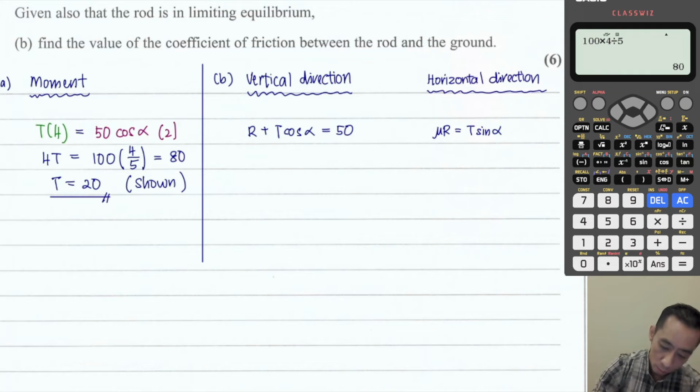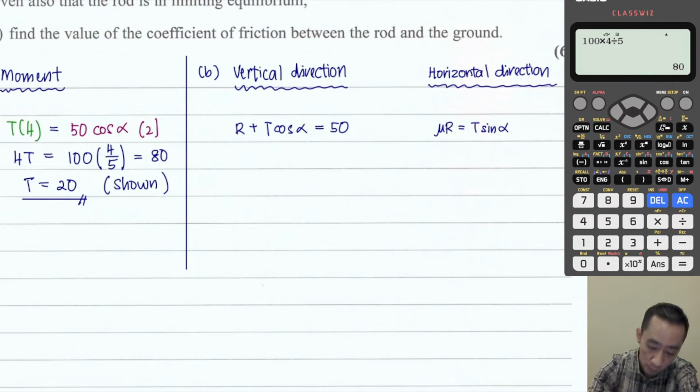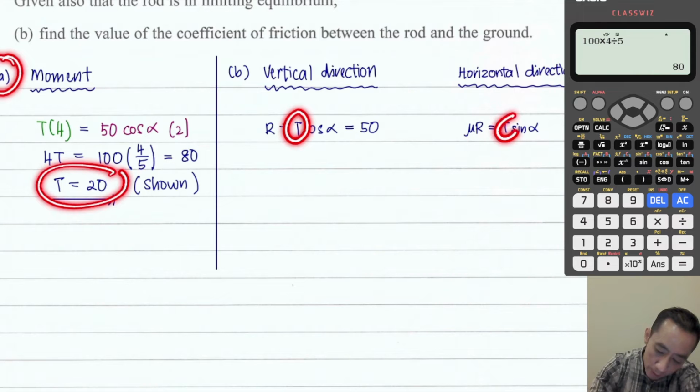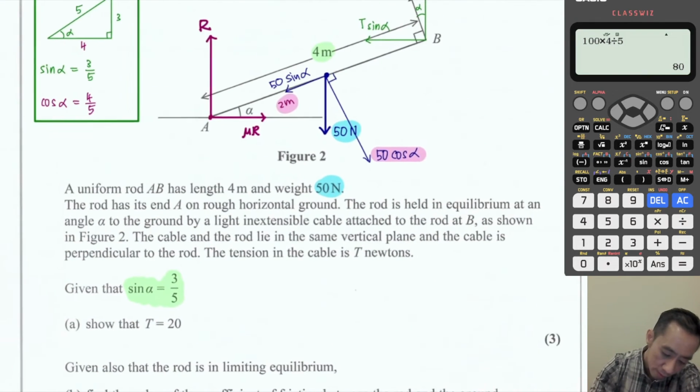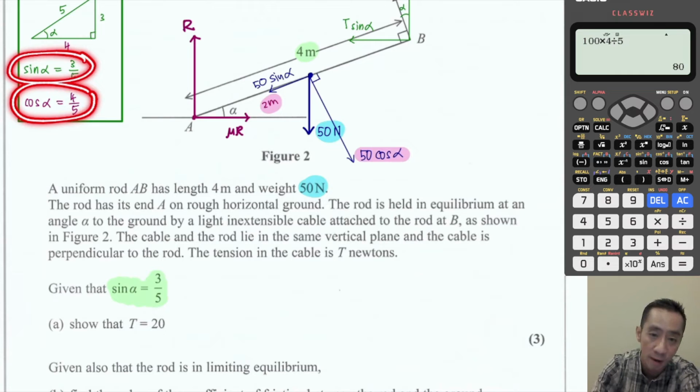Now what we are going to do is substitute whatever information we have. From part A, we already know that T is 20. So T can be replaced as 20. And for alpha, sine is 3/5, cosine is 4/5.